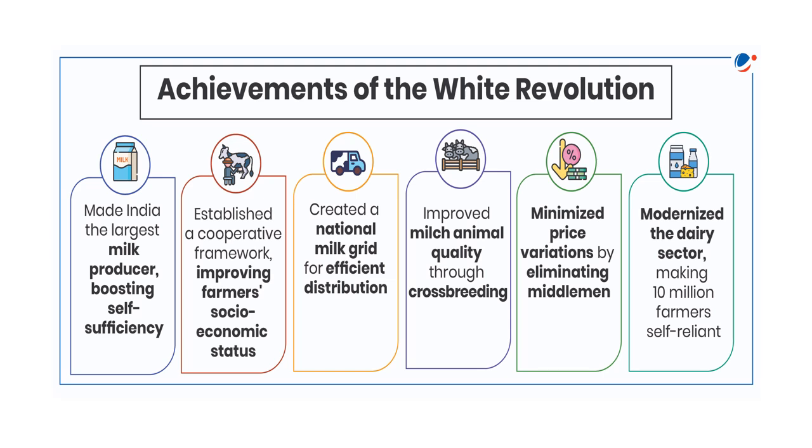The procurement process has been changed due to the cooperatives, so the price variation is no more there and the farmers benefit with a better remunerative price. And finally, the dairy sector was modernized, making 10 million farmers self-reliant. So now the dairy sector is very much modernized and that makes a great economic upliftment of the farmers.